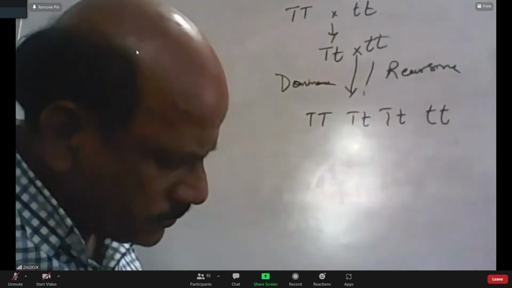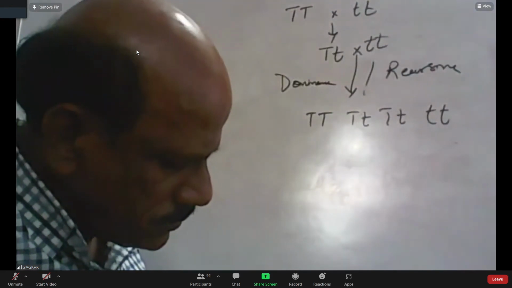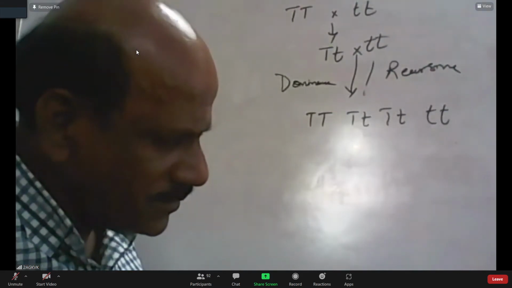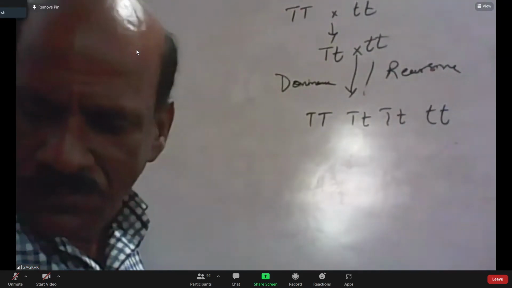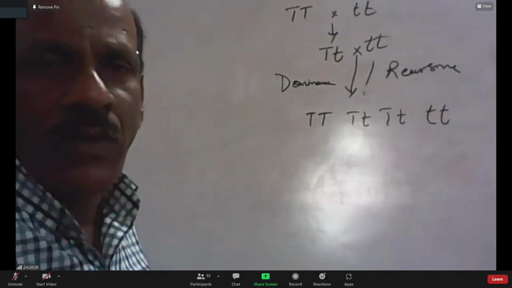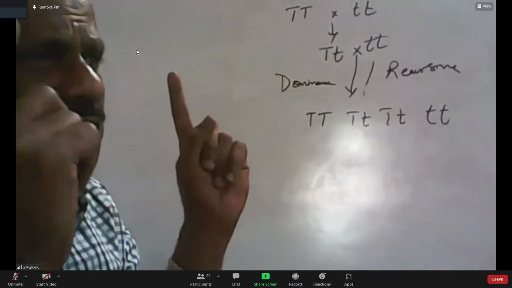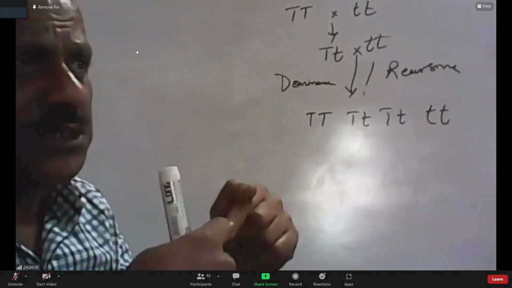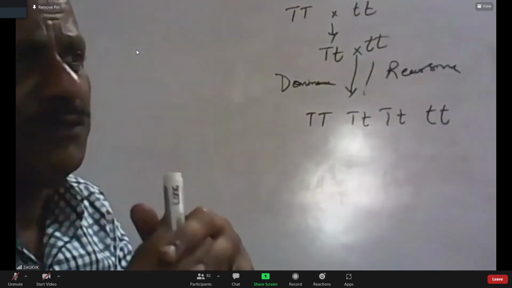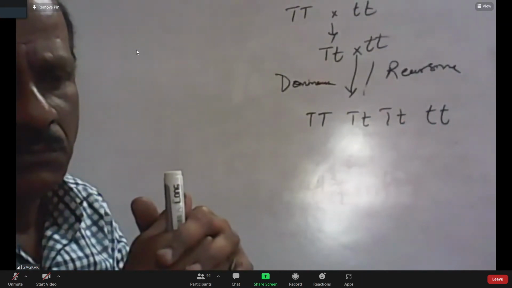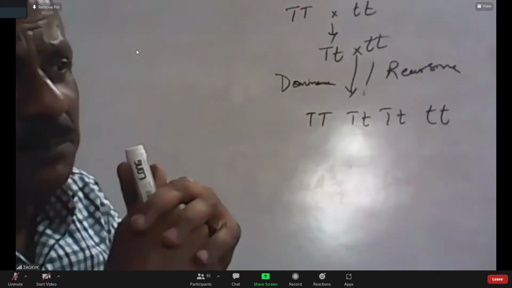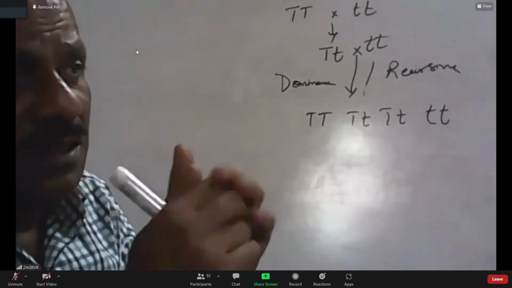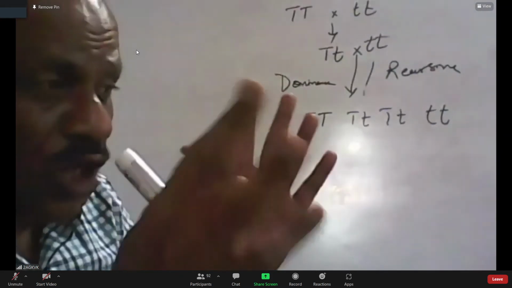Did you get it? Is it clear? When you are making a cross between two contrasting forms, the phenotype that is expressed in the F1 is called the dominant form. The form that disappears in the F1 is called recessive. But you don't stop there.